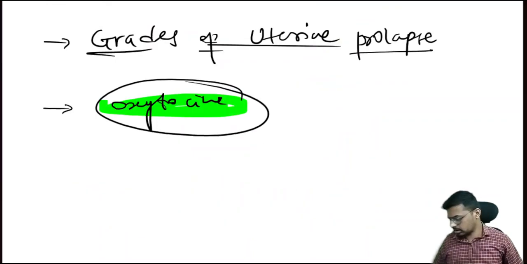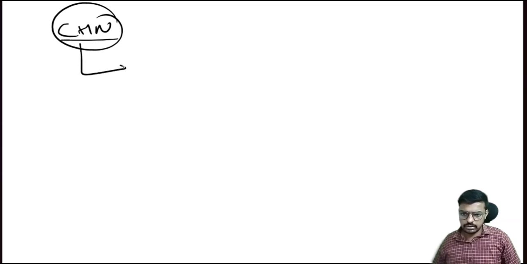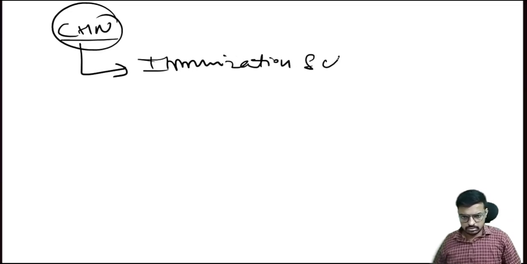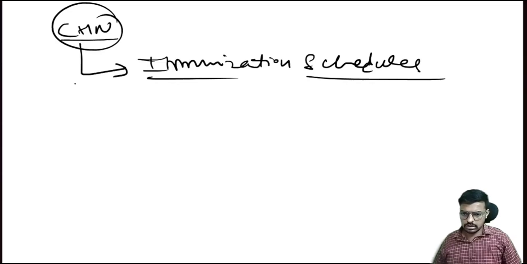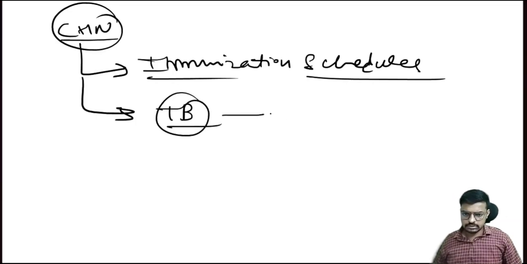Repeatedly asked question. Okay, so then comes our community health nursing. Here we have to completely revise the immunization schedule. Okay, immunization schedule. Then we have to completely revise TB types, tuberculosis skin test interpretation, clinical manifestation, and associated infections.